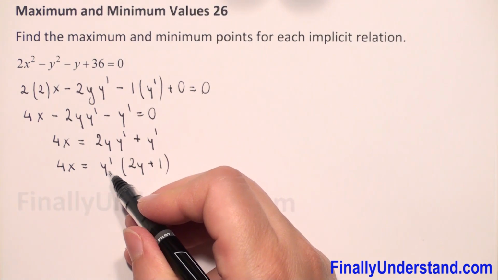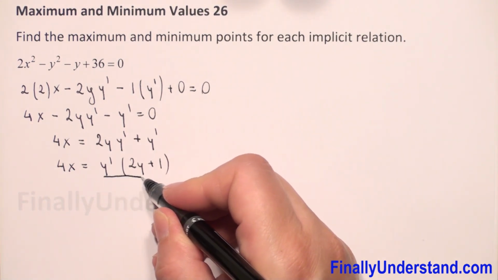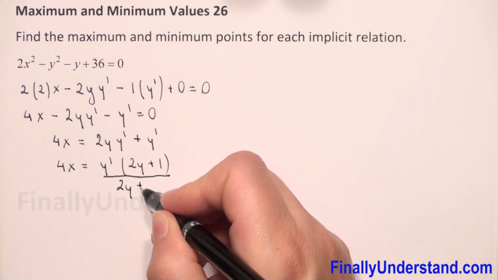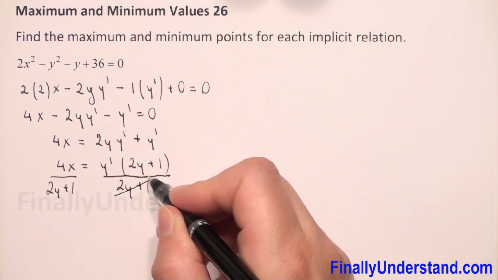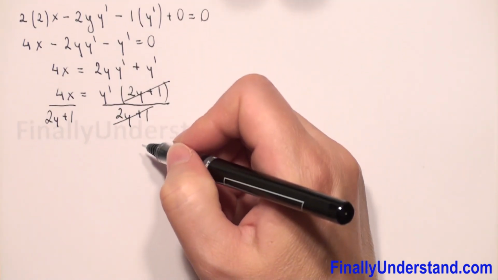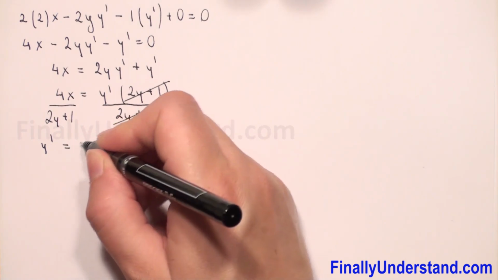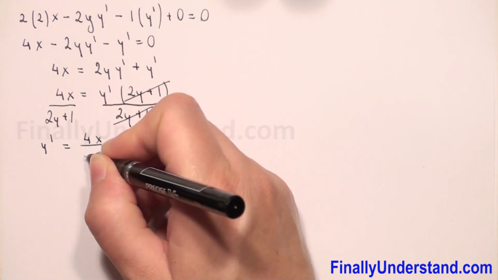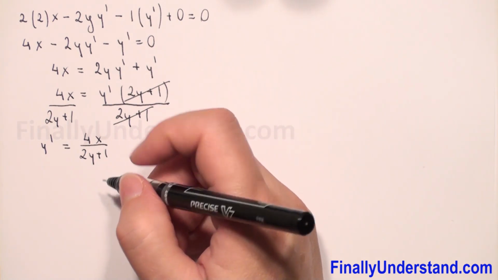To find y prime, I will divide both sides by 2y plus 1. So we can reduce this expression, and we will change the sign, so y prime is equal to 4x over 2y plus 1.